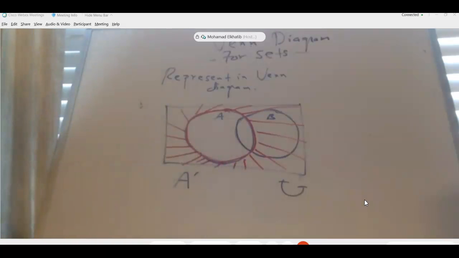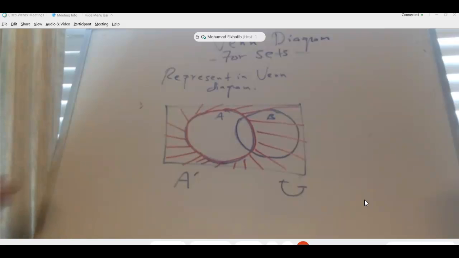Everything shaded in red is the solution for A prime. Okay, how are we doing? Are we good? Yes. Okay.